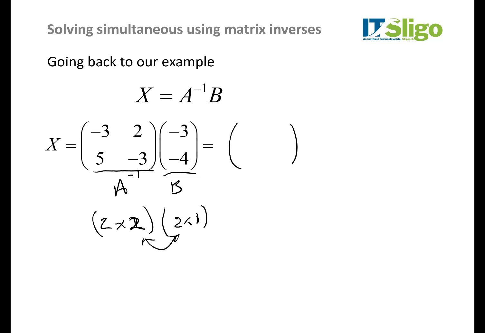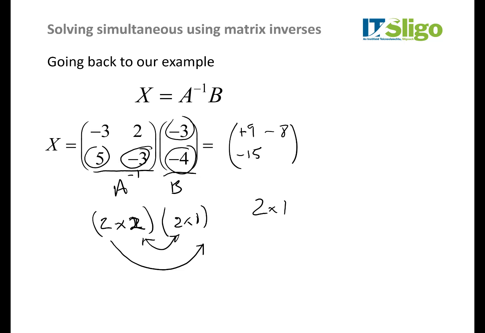And my resultant matrix is going to be a 2 by 1. So it's going to be minus 3 by minus 3, which is plus 9. And then 2 by minus 4. On the bottom line, by the first column, by B, 5 by minus 3 is minus 15. And then second element by second element, minus 3 by minus 4 is plus 12.